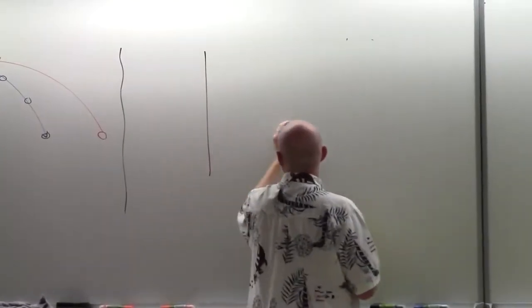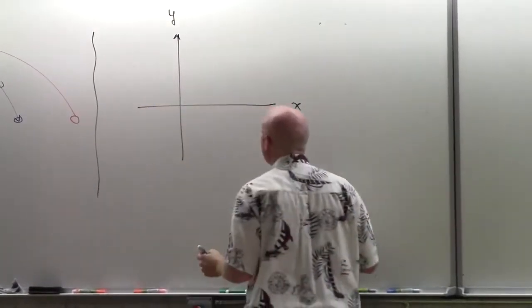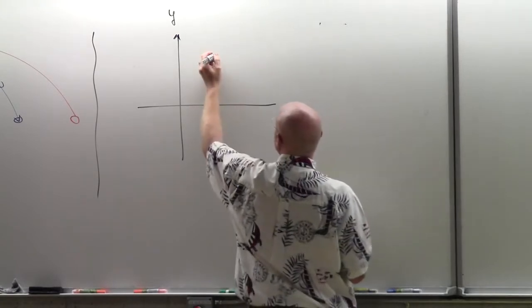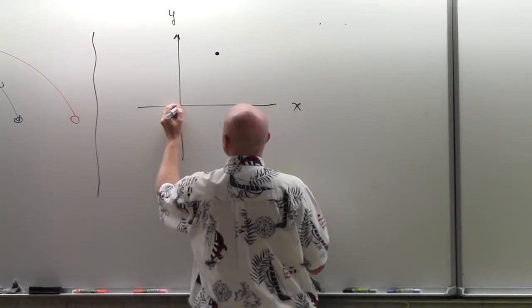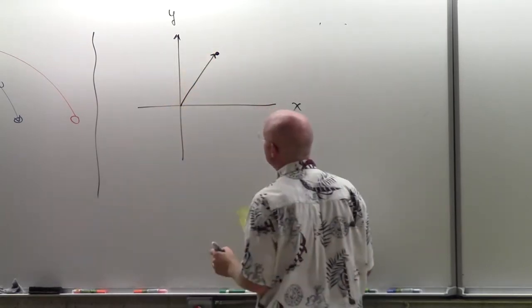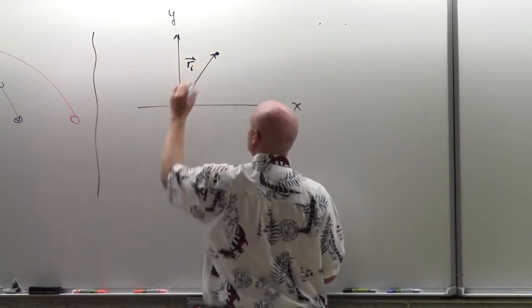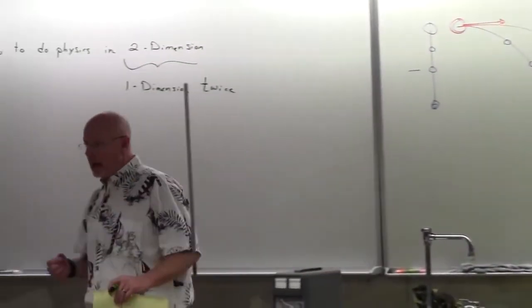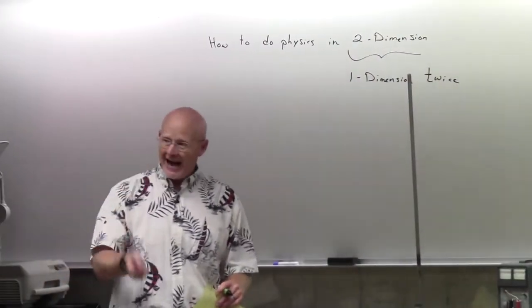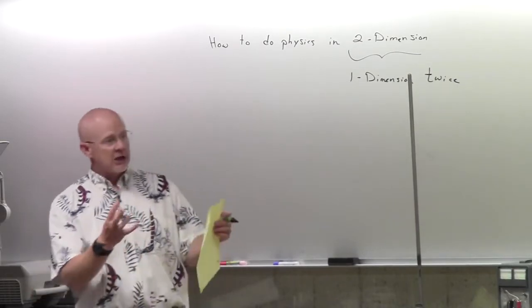Watch this. If I were to take a grid, say X and then Y, and say here is some object, then I might describe that object by saying this is its position. You might even say its initial position. So there's my first notation for this chapter. What I was telling you earlier when we did the island problem, that let's describe where the object is in terms of this R. Kind of looks like a little polar coordinates.